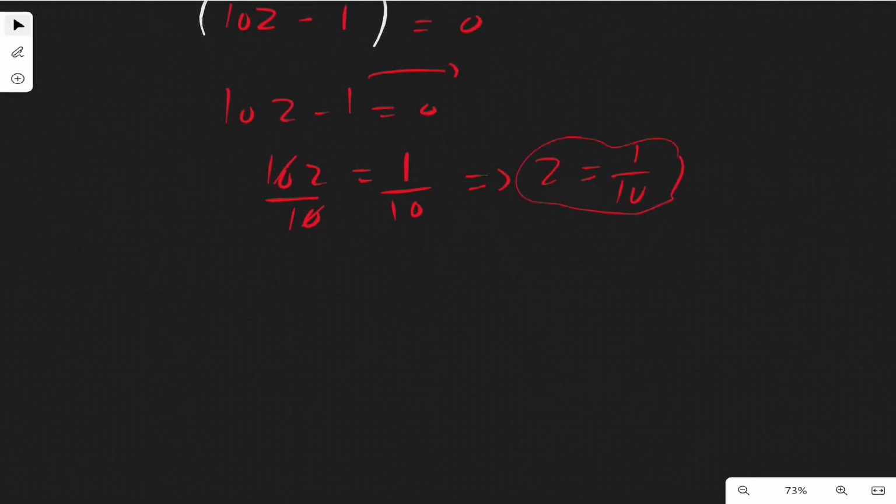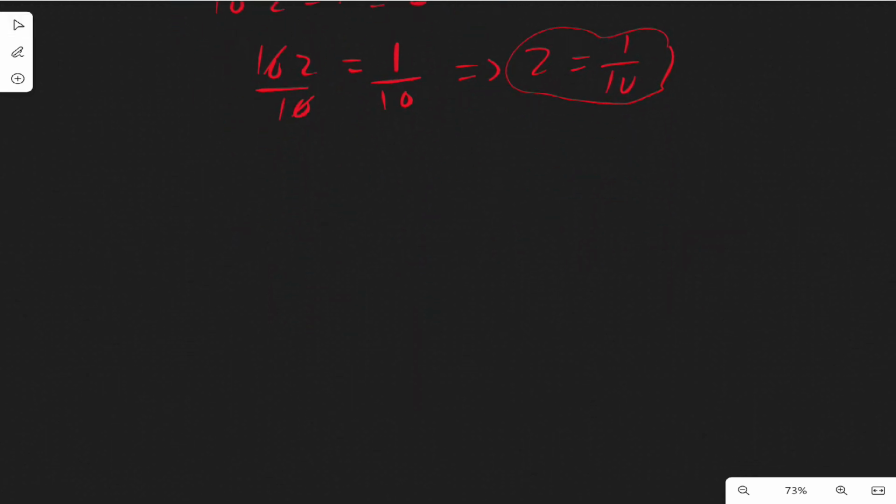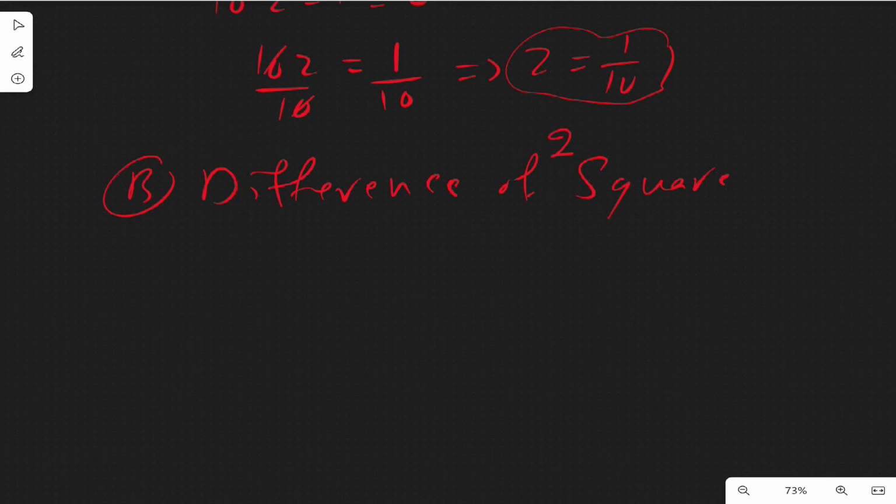The second type is called difference of squares. Difference means minus. Squares, in fact, I would like to call it two squares to make it very clear.